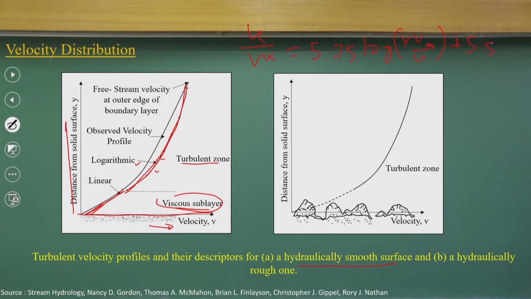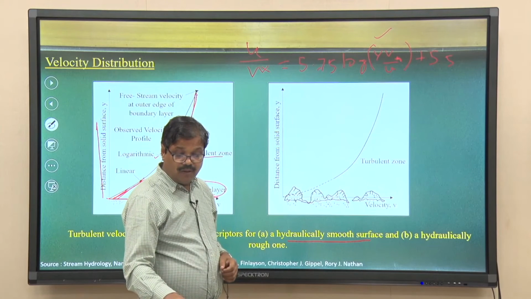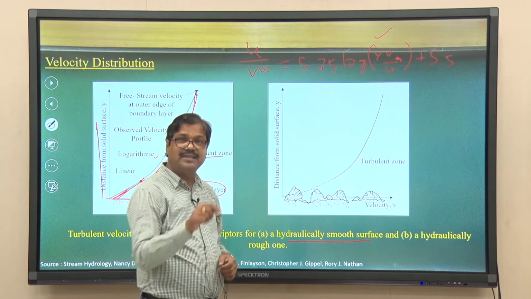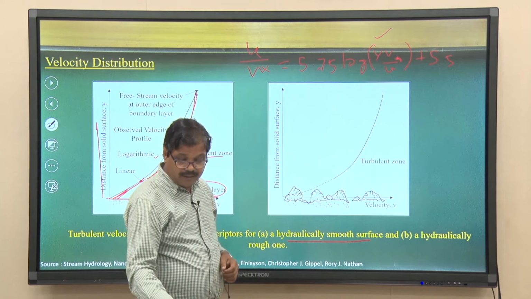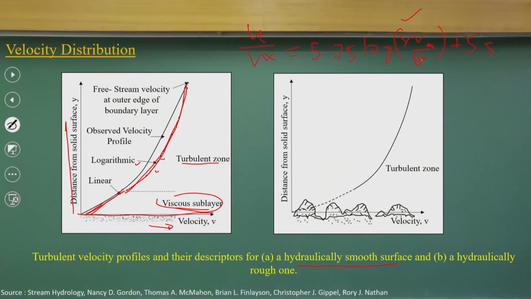So this is the velocity distribution equation. It is a logarithmic velocity distribution in terms of y V star, the shear velocity, by the kinematic viscosity. So we can find u, the velocity at distance y, as a function of a logarithmic function.